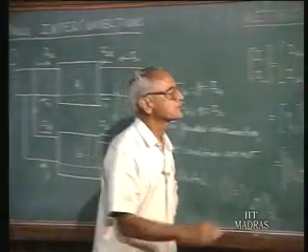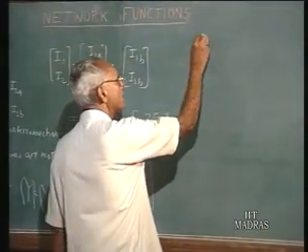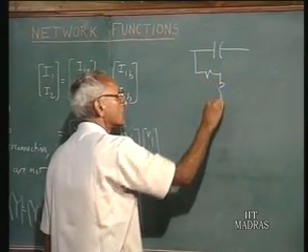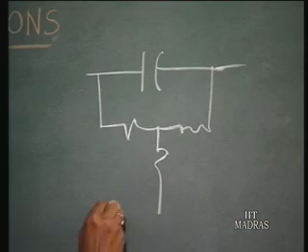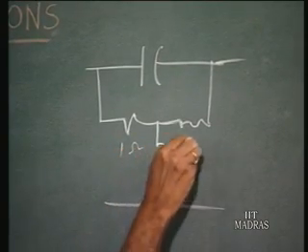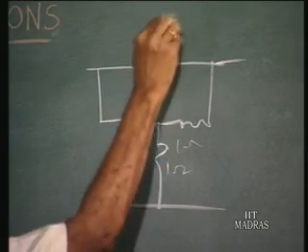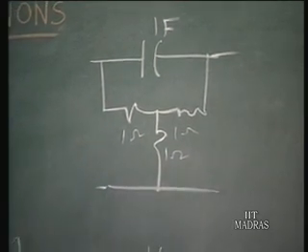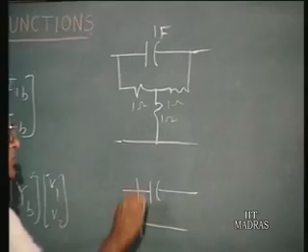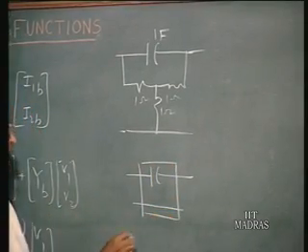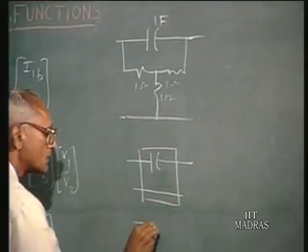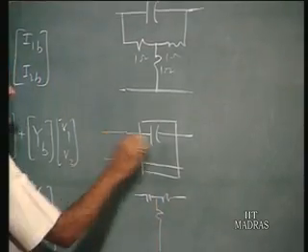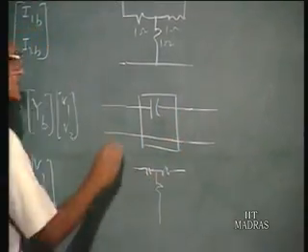As an example, suppose we had this same example which we considered earlier, where we had this 2 port network of 1 ohm, 1 ohm, 1 ohm and 1 farad. You can consider this to be the parallel connection of one 2 port network containing the 1 farad capacitor, and the other 2 port network containing 3 star connected resistances.